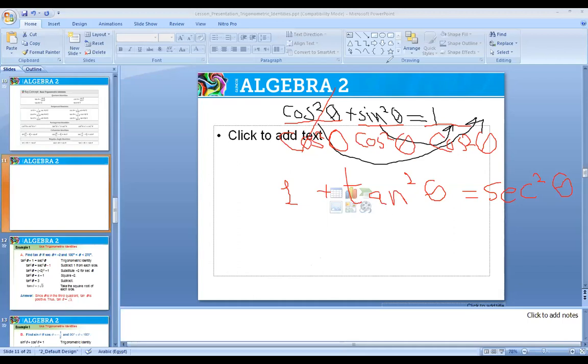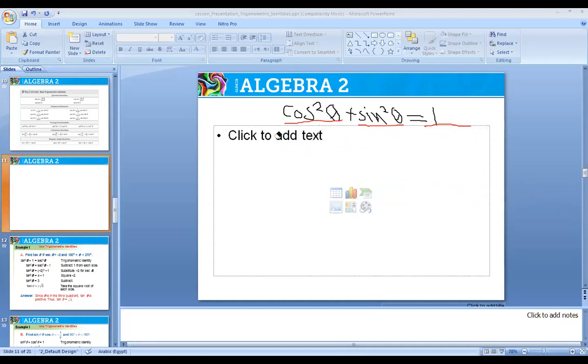So I divide by sine square theta, and here also 1 over sine square theta.